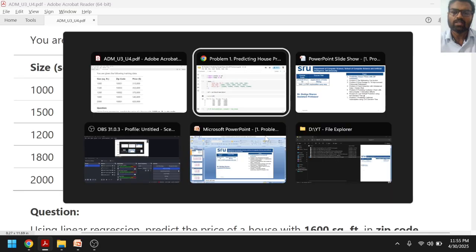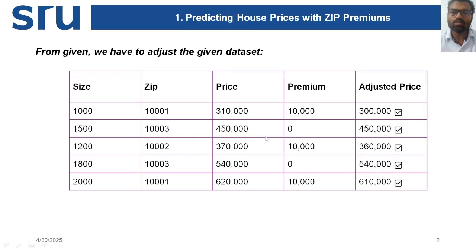How to refine it? Let's get back to our slide. Our first problem is all about predicting house price with zip premiums, and our target is based on the size, obviously.